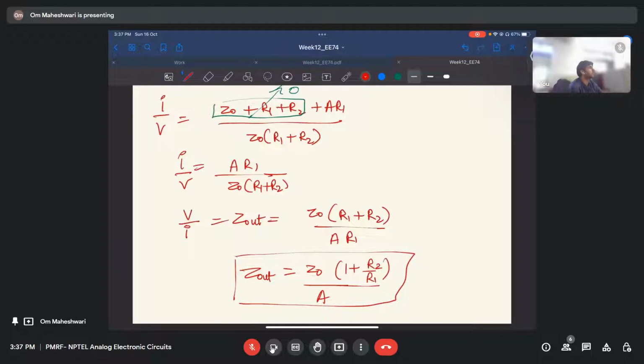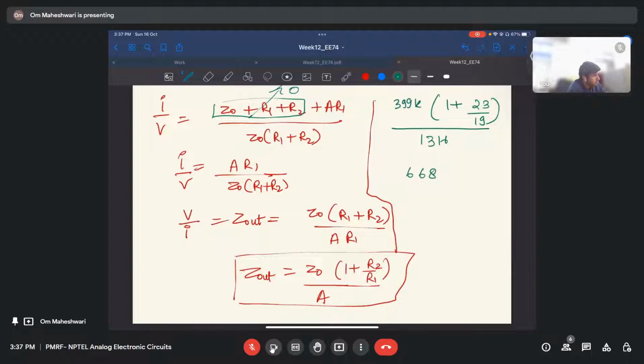Okay, so if we put the values, Z naught is 399K into 1 plus 23 by 19. 668. Sorry, what did you say? 668K. Yeah. Okay.